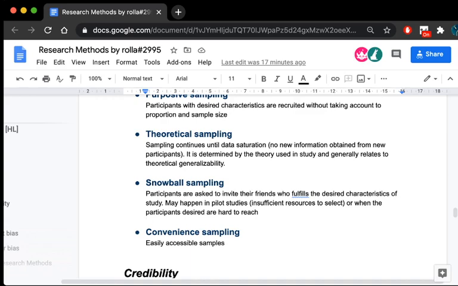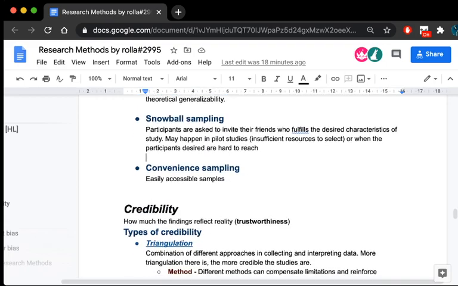Let's say when you're trying to look for drug dealers or communities who are very highly influenced by drug experiences, or maybe a community who's very influenced by weed usage, those kinds of communities are usually harder to reach. So scientists usually just try to find a friend and then ask them to invite their friends if possible.